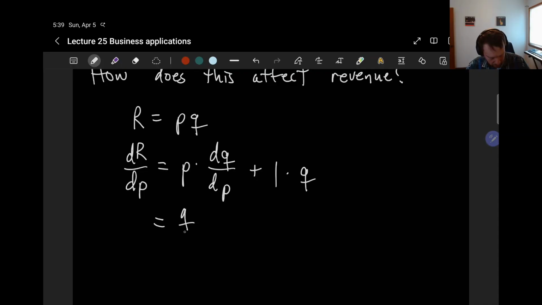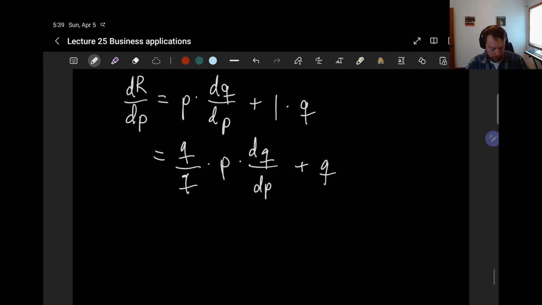This here is kind of a weird step, but we'll see why it helps. I'm going to multiply this part by Q over Q. Now that doesn't fundamentally change what's going on here. This is like times 1, but it's going to be helpful to have it there. Because if I move this Q over here beneath the P, well, then we're close to the elasticity formula.